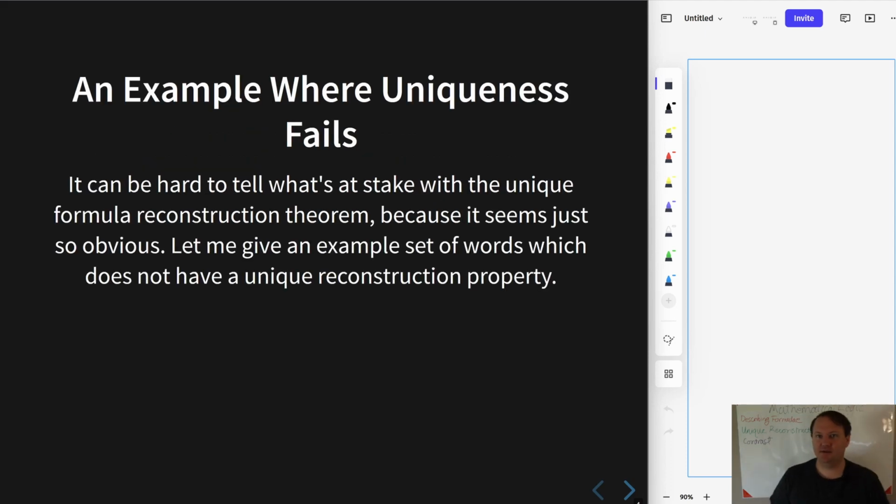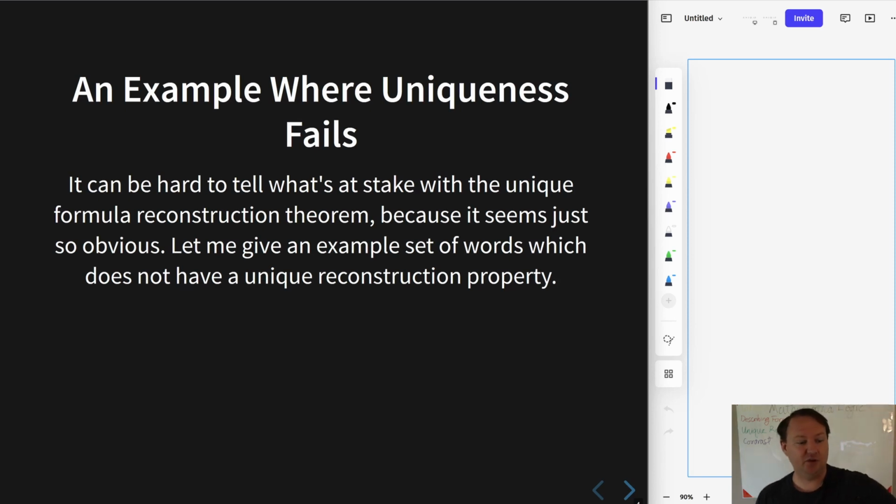Just in case this is at all confusing, I feel that sometimes when a statement is a little too obvious, it's a little hard to tell what we're even claiming. And this feels like a fairly obvious thing that almost doesn't even bear stating, perhaps. So just to illustrate what's at stake with the claim here, let's see actually a case where it fails, right?